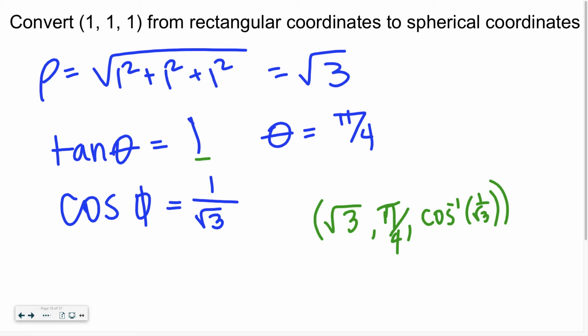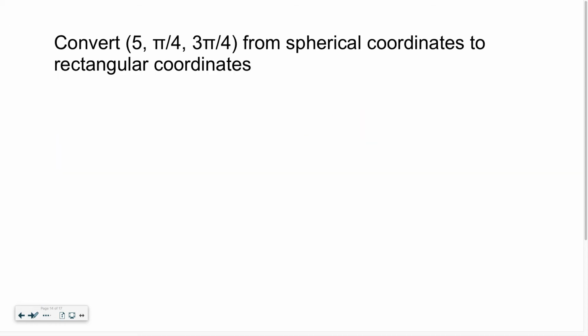Okay. Doesn't seem too bad. Let's go the other way. Pi over 4, 3 pi over 4.